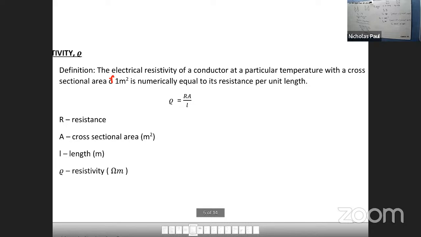So this new quantity that we call resistivity is equal to resistance times area all over length.